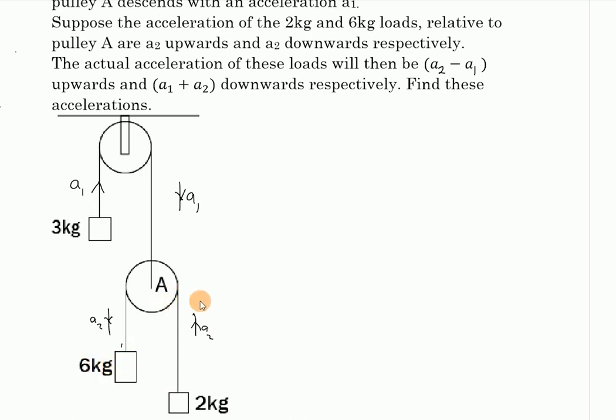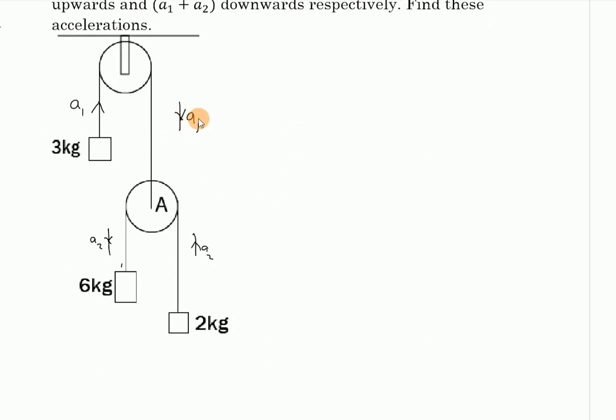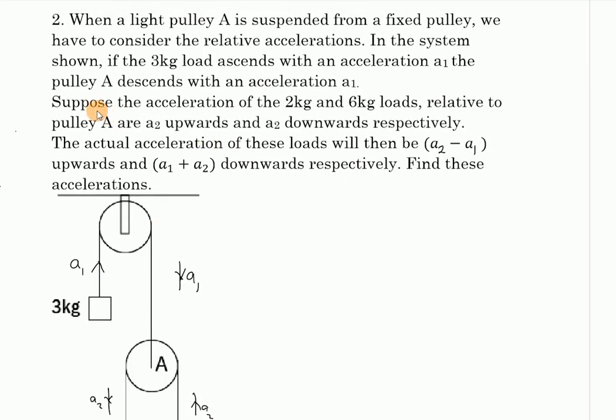We are saying that in the system shown, if the 3 kilogram load ascends with an acceleration A1, the pulley A descends with an acceleration A1 still. A1 upwards, A1 downwards. And suppose the acceleration of the 2 kilogram and 6 kilogram loads relative to the pulley A are A2 upwards and A2 downwards respectively.